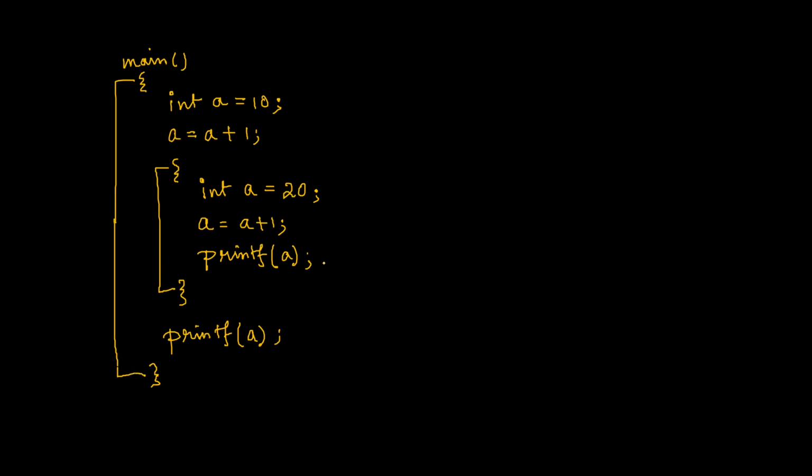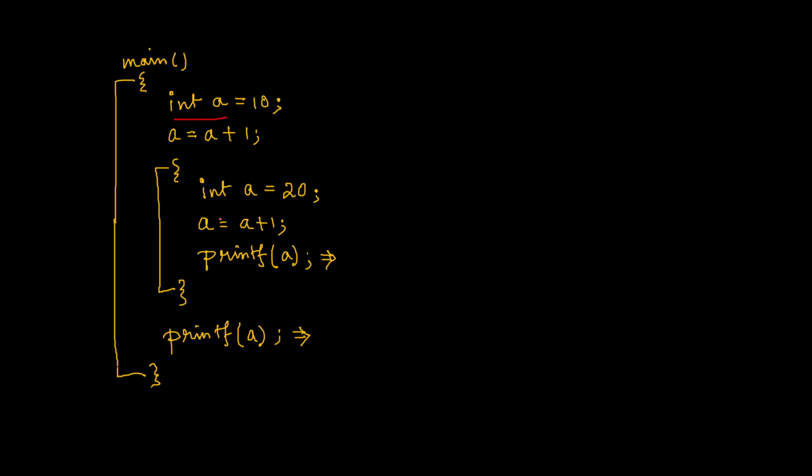Now if I ask you what is the output of this one, I mean what will be the output from here and what will be the output from here, first of all you may tell me that it's a totally wrong program. I mean it will show an error because I have declared the same variable within a program 2 times, right? I have declared this variable a 2 times in my program.